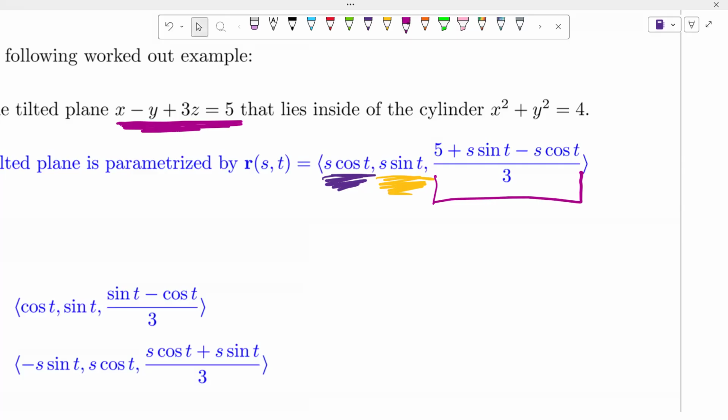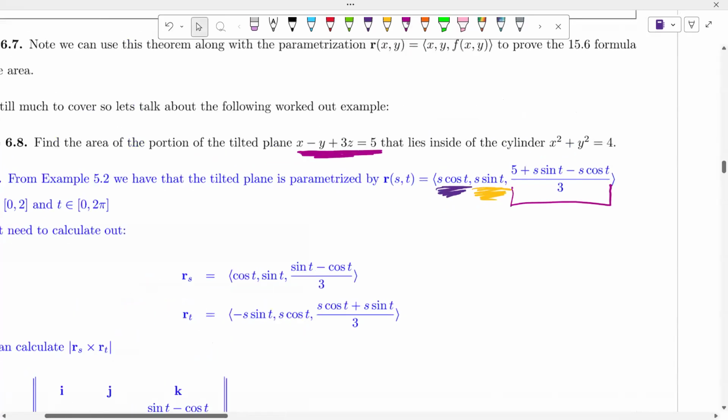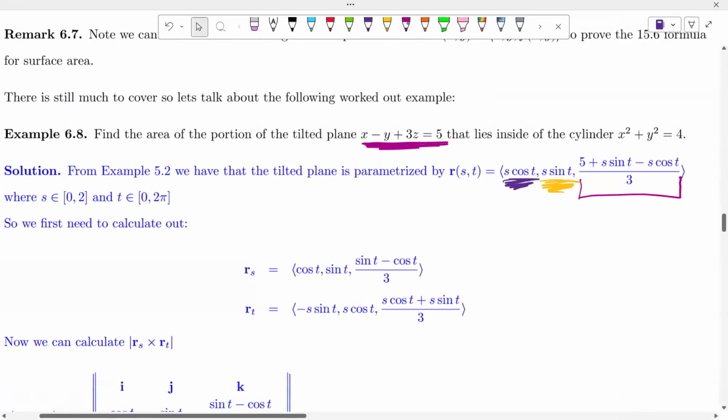Right, but I'm looking to parameterize the surface that I'm hoping to find the area of. So it's got to be the tilted plane that I'm parameterizing. It's always the thing that I want the area of that needs the parameterization. There's usually going to be two equations or two surfaces within a problem.